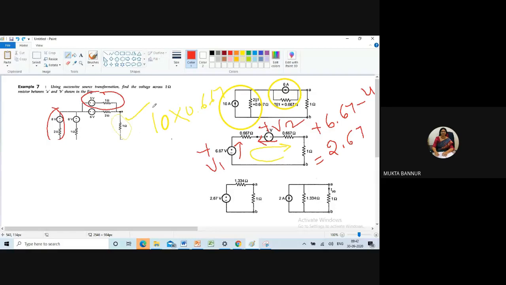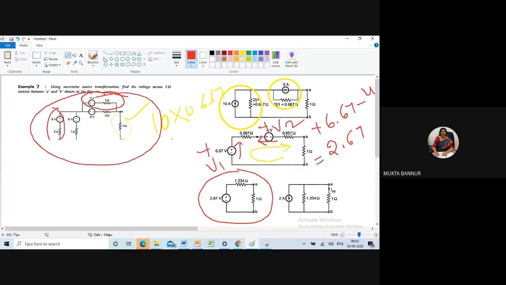Find the voltage across the 1 ohm resistor by using which method? Source transformation, isn't it? So this is the equivalent voltage source we have got after reducing the complexity of the given network.